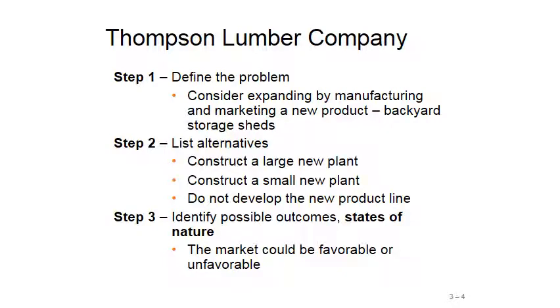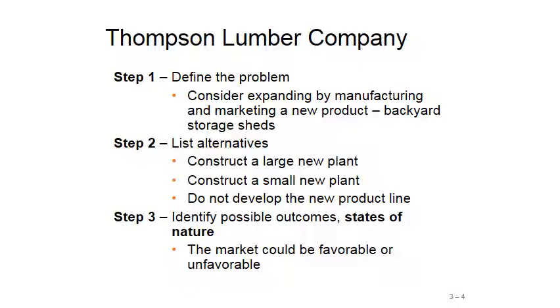We define our problem as whether Thompson Lumber should expand their product line by manufacturing and marketing a new product line, storage sheds. 3 alternatives have been identified. They can build a large manufacturing plant, they can build a small manufacturing plant, or not build a plant at all.